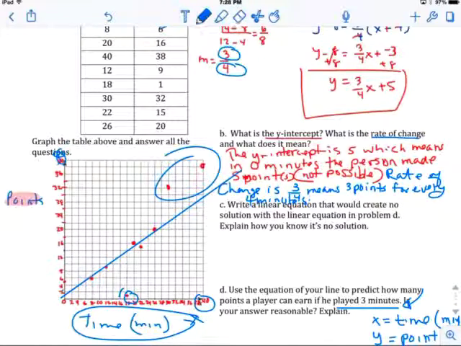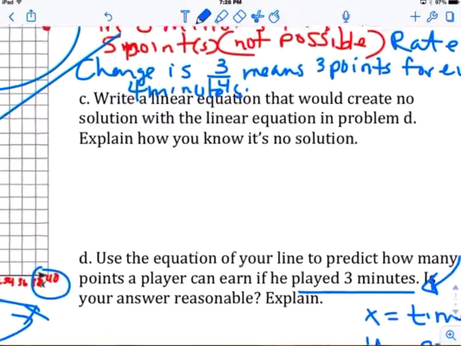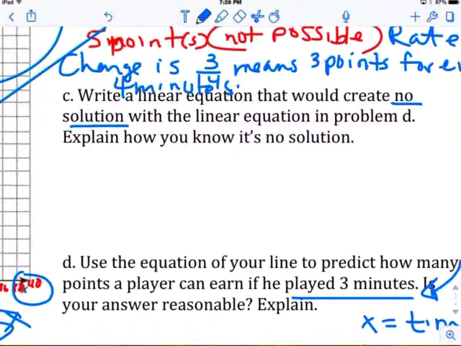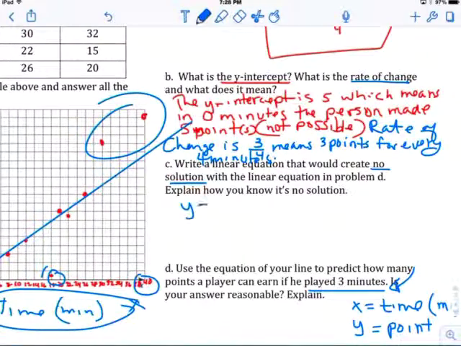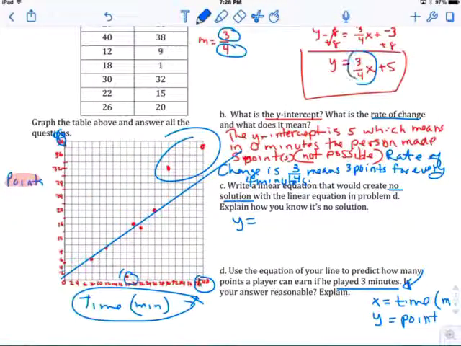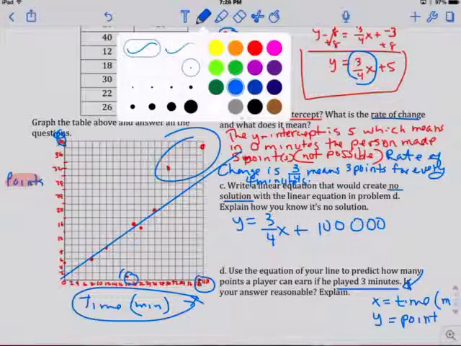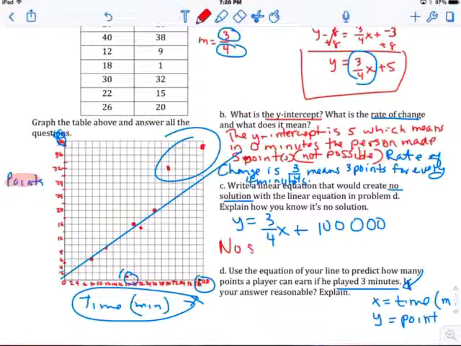Not possible, that's all. Write a linear equation that would create no solution. No solution means the rate of change is the same. Explain how you know it's no solution. So y equals 3 over 4x plus 100. It's no solution because the rate of change is the same.